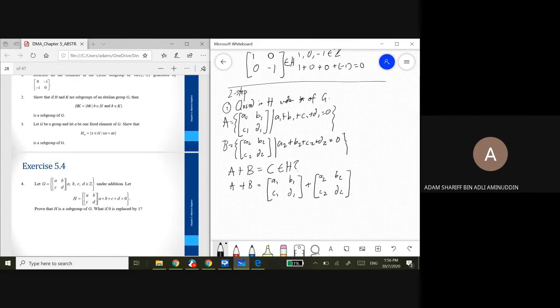The condition is given at the top: A1 plus B1 plus C1 plus D1 must be 0. It will produce another matrix. How do we add matrices? You add at each corresponding element, right? B1 plus B2 here, C1 plus C2, D1 plus D2.